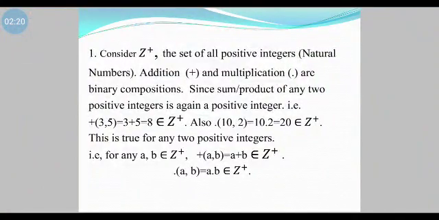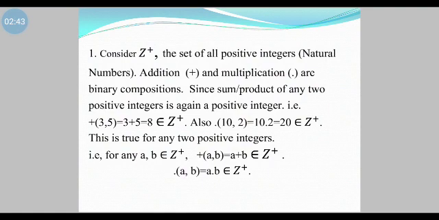Now we can go through some examples. First we consider Z plus, the set of all positive integers, also known as natural numbers. Addition and multiplication are binary compositions in the set of all positive integers, since if we take the sum or product of any two positive integers, then the resulting element must be a positive integer.